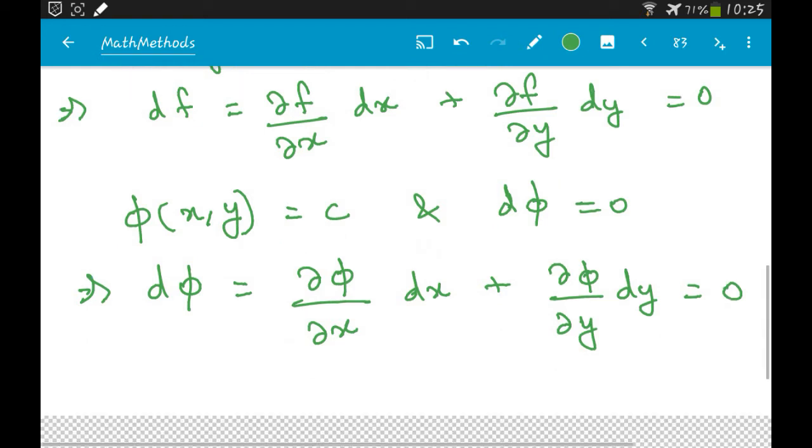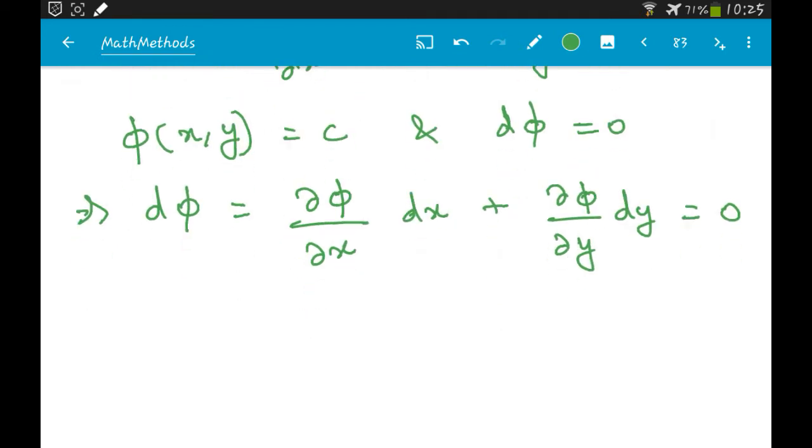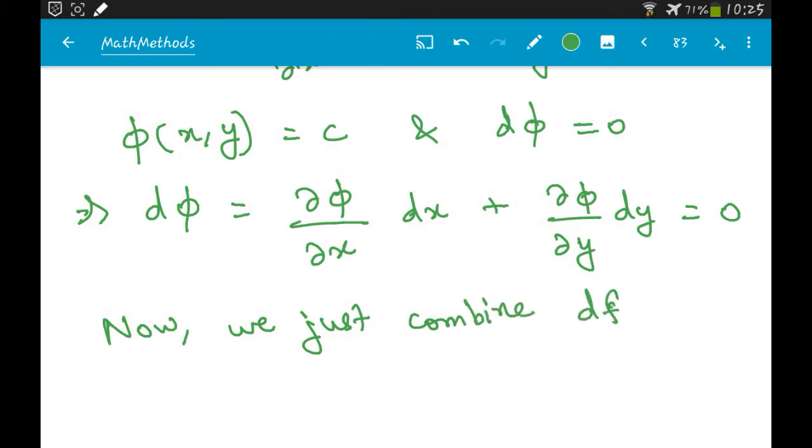Now we just combine these two, df and d phi.